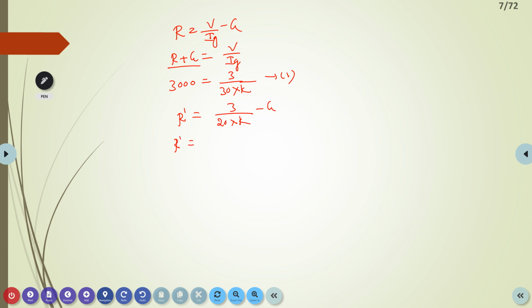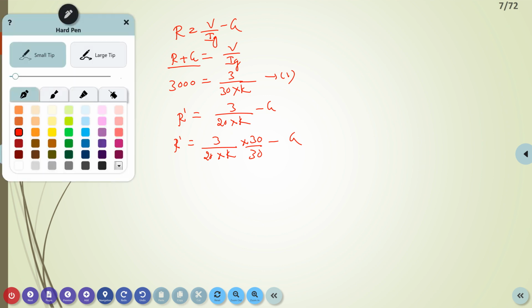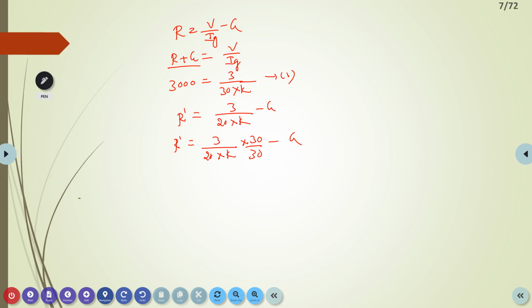R dash equal to 3 divided by 20 into K into 30 divided by 30, minus G. Students, here you see, this quantity 3 by 30 K equal to 3000.